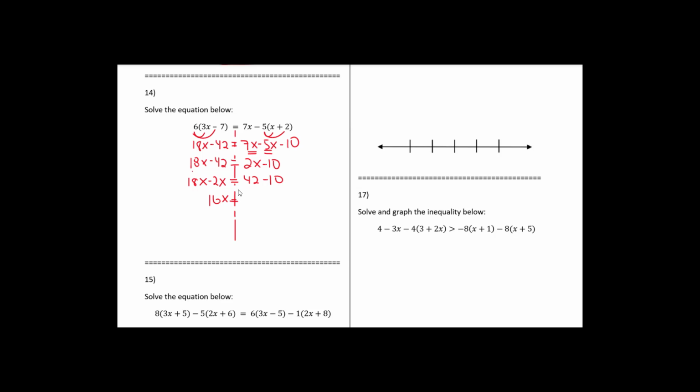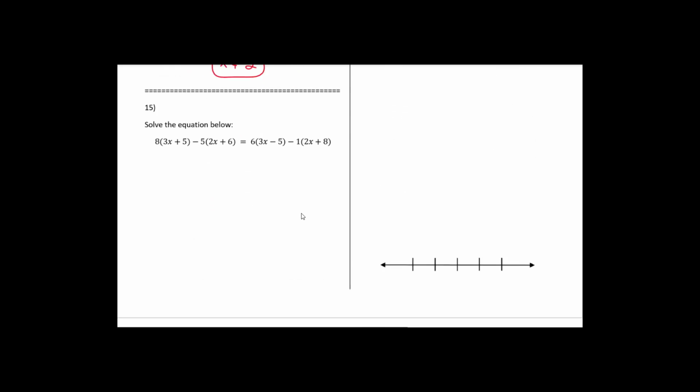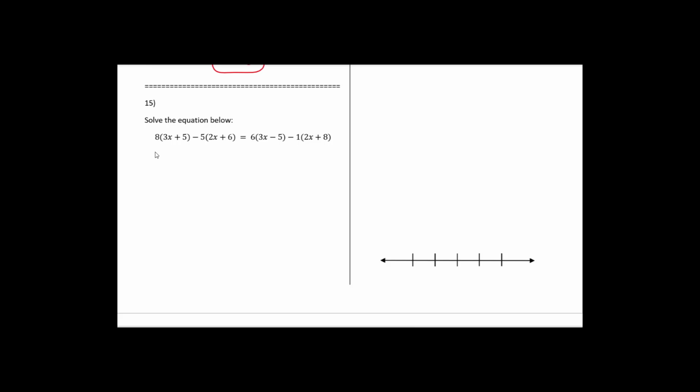And then 42 minus 10 is 32. We divide both sides by 16. This would be x equals 2. And that's our answer. Next problem. First step is to eliminate parentheses.